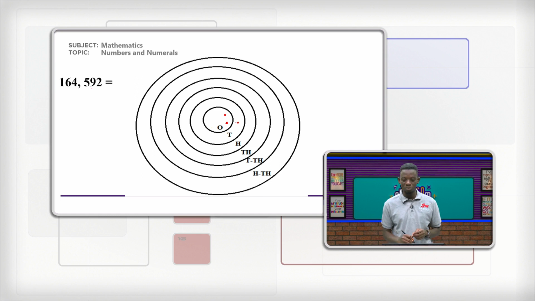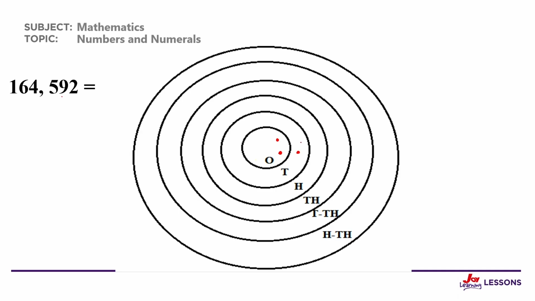So let us put them together. We have 1, 2, 3, 4, 5, 6, 7, 8, and then we have 9 there. Very good. So we have 9 of our marbles in the tens.